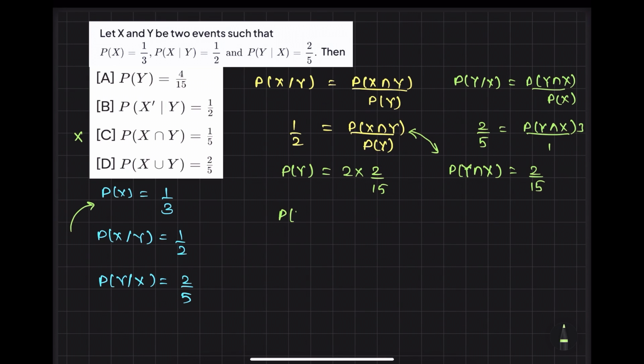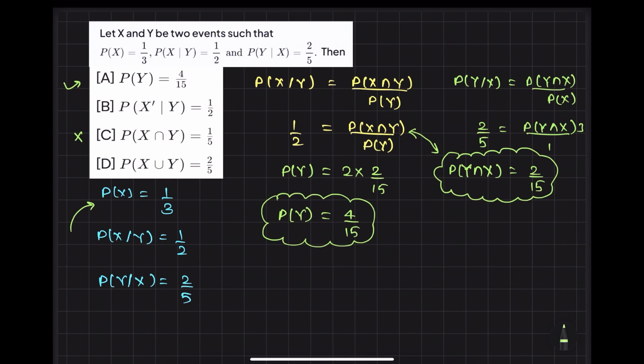So can I say that P of Y is 4 by 15? Okay, so P of Y is 4 by 15. This means this idea is correct. Okay, and this is also correct. So we have already commented on these two things.